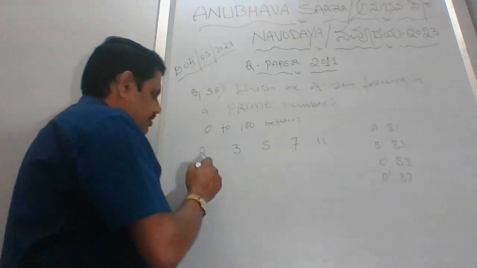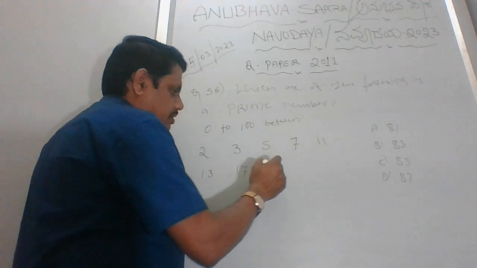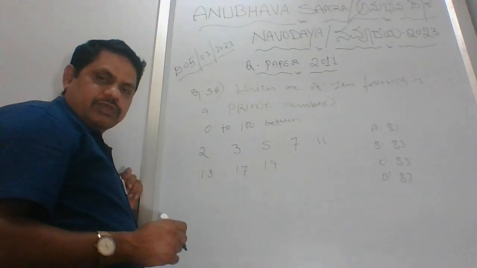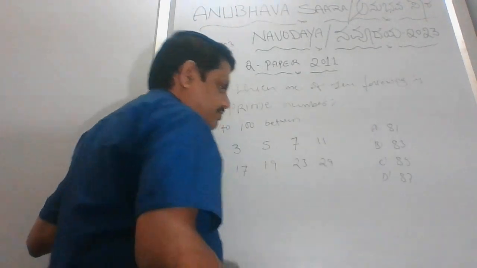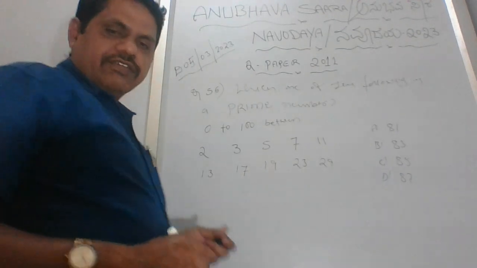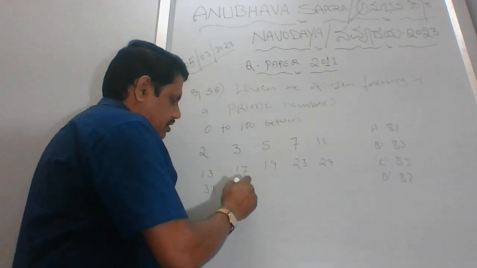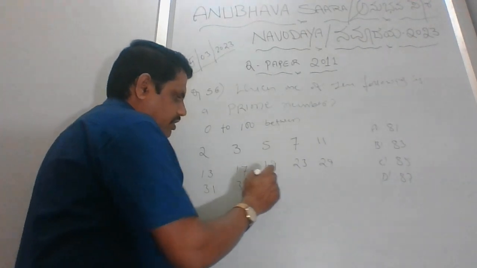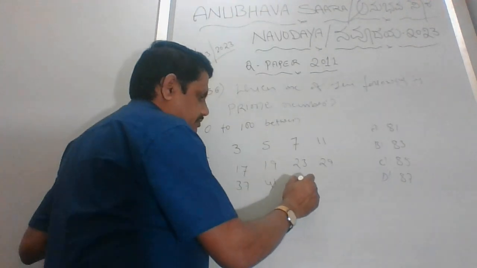Now here we'll start with 13, 17, 19, 23 and 29. You should remember this clearly. Okay, so next comes 31, 37, 41, 43, 47.